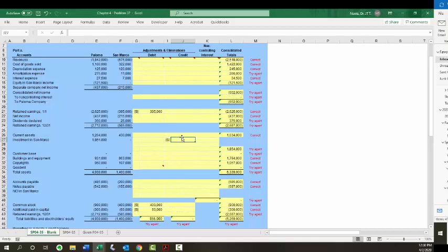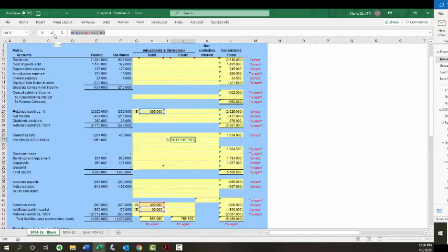So we're going to take the sum of those three, the retained earnings, the common stock, and the additional paid-in capital, and we're going to multiply it by the interest, which is 90%. And that's going to give us $769,500 for the credit to the investment account, because that's our pro rata share.